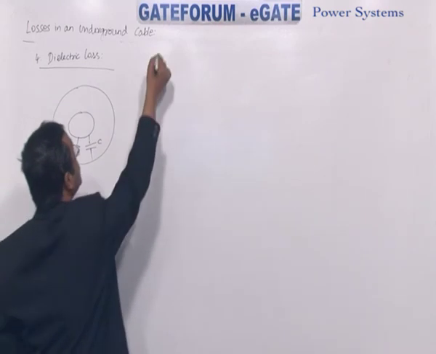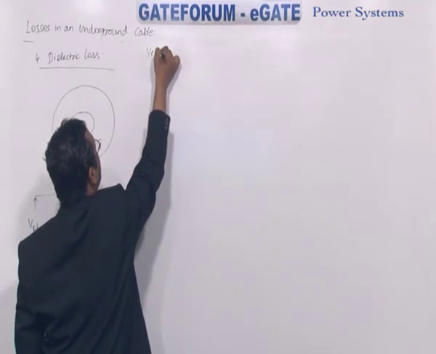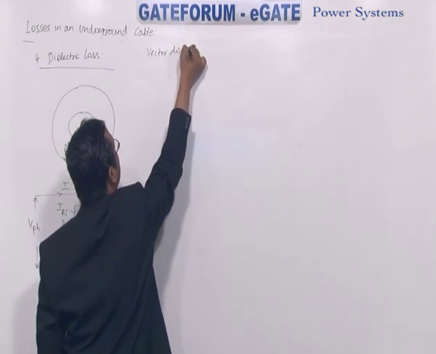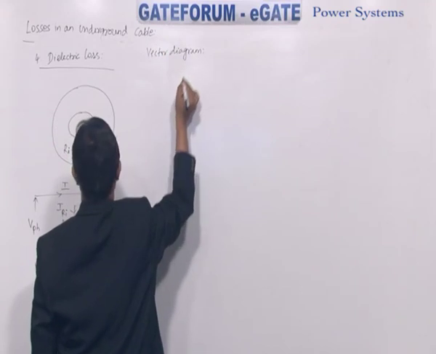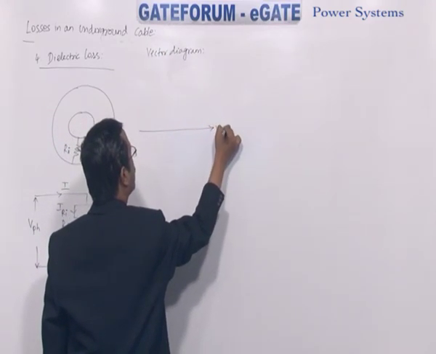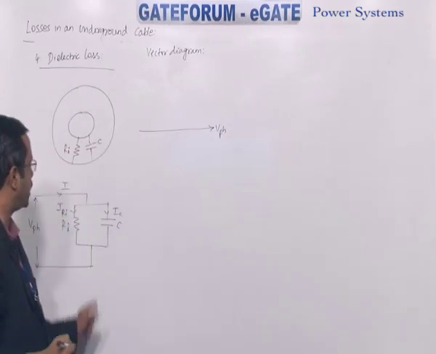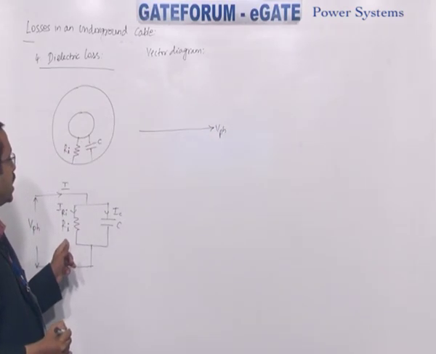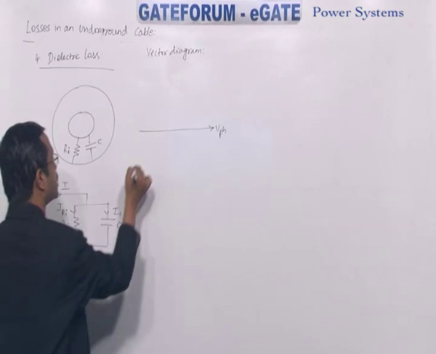Now when you draw the corresponding vector diagram, consider the voltage as the reference vector here. You know, in the case of a resistor, current and voltage are in phase.